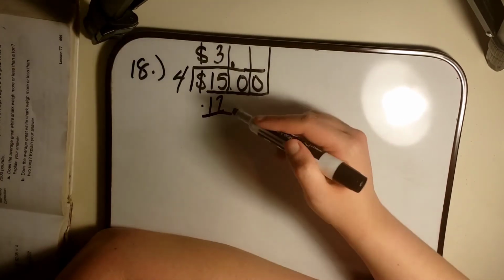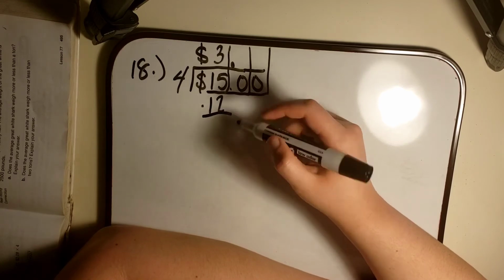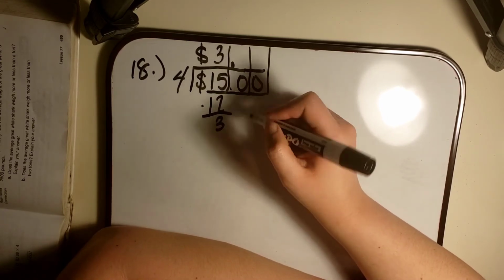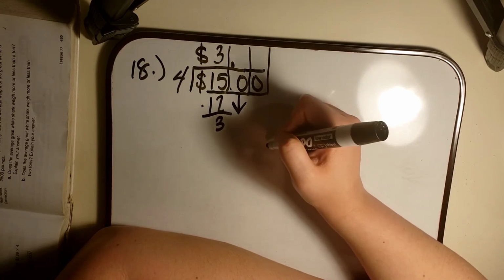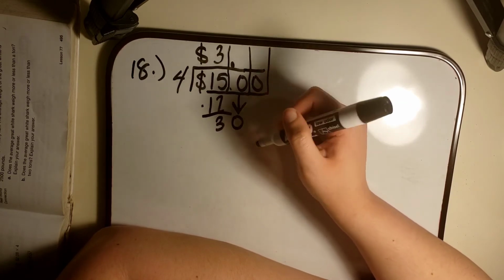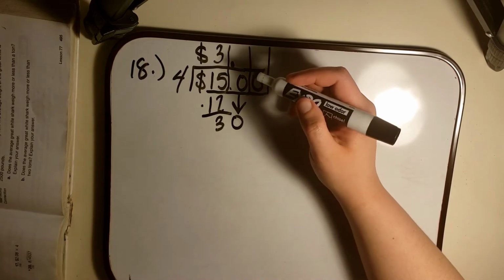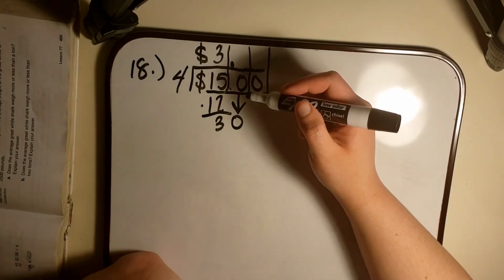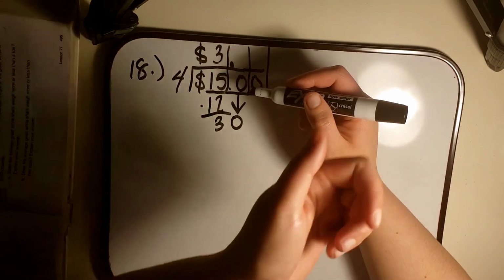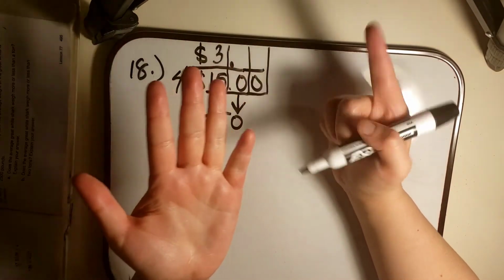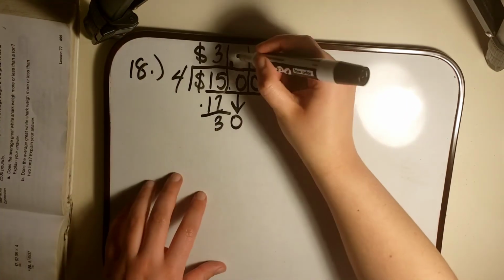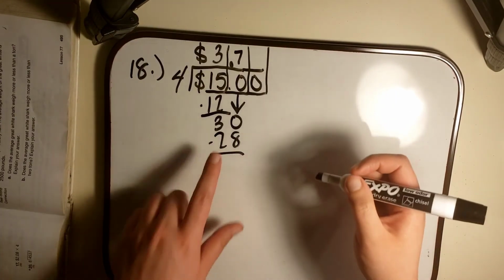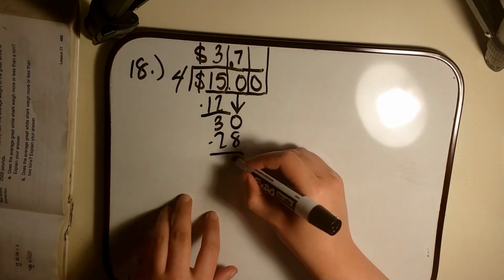So 4 goes into 15 3 times, because 4 times 3 is 12. Then we're going to subtract. And 15 minus 12 is 3. And 4 goes into 30. Let's see. 4, 8, 12, 16, 20, 24, 28. 7 times, because 4 times 7 is 28. 28 subtracted from 30 is 2.